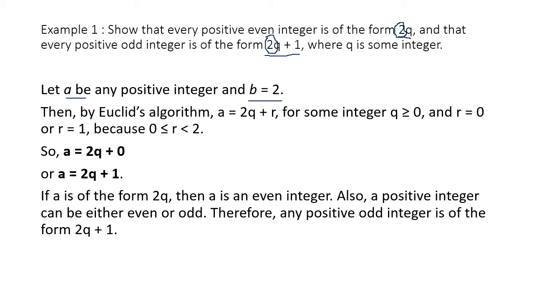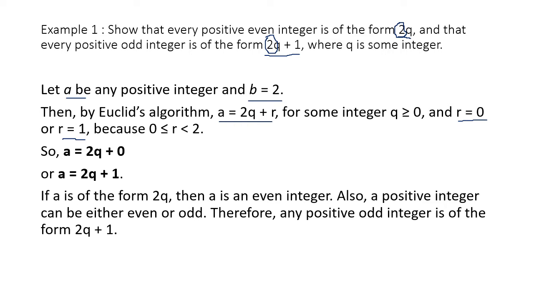So when we write any positive number in the form using b, here a is any positive number, b is 2, a is 2q plus r. Since b is 2, what can r be? r can be 0 or r can be 1. r cannot be 2 because b is 2, r is either 0 or 1, less than 2.